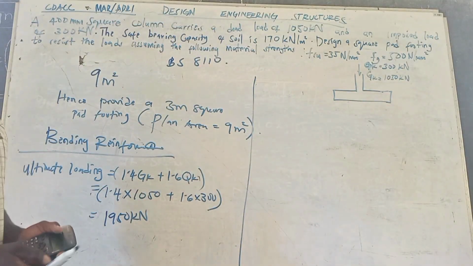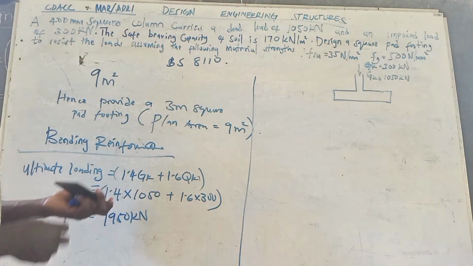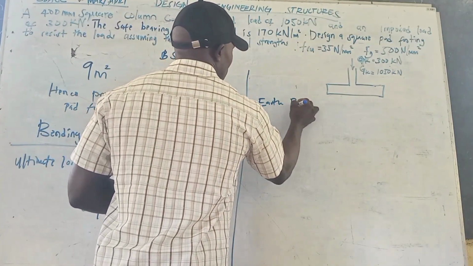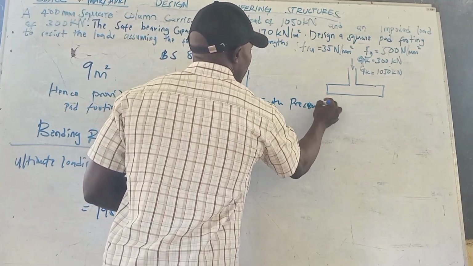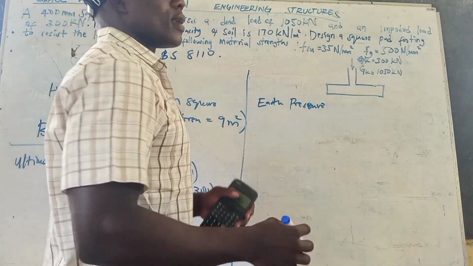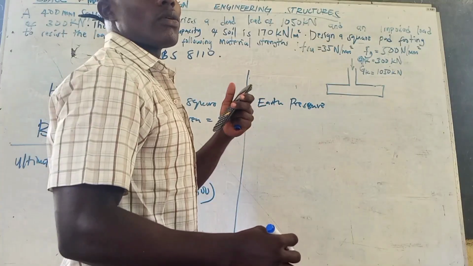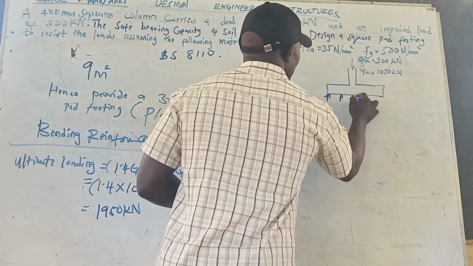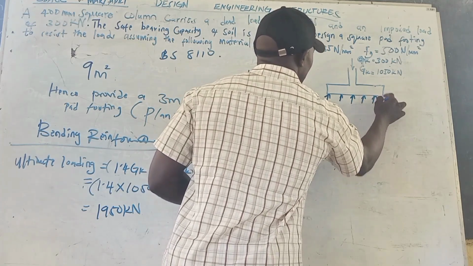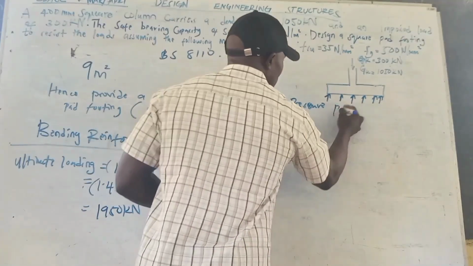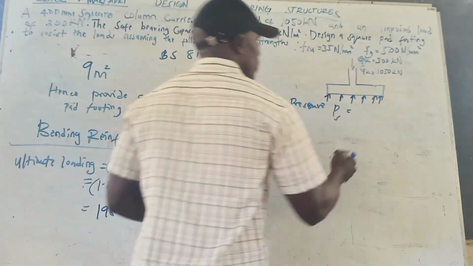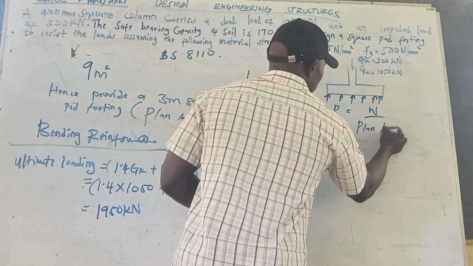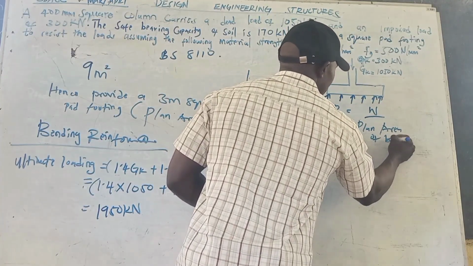After that, we can work out the earth pressure. Earth pressure, in this case, is the upward reaction of the soil. Earth pressure is gotten by our ultimate loading over the plan area of the base.